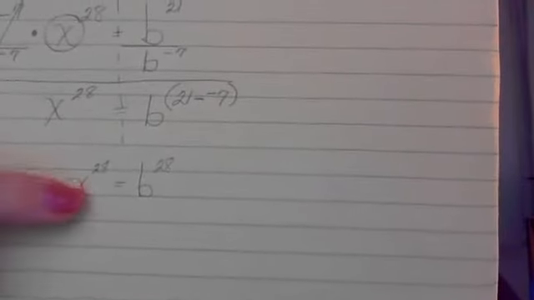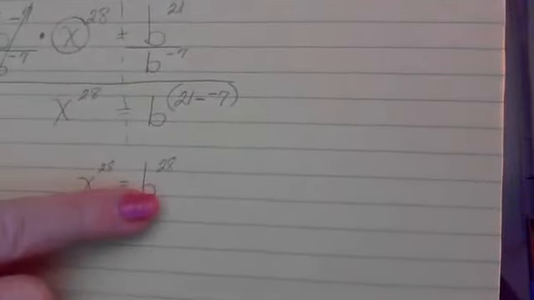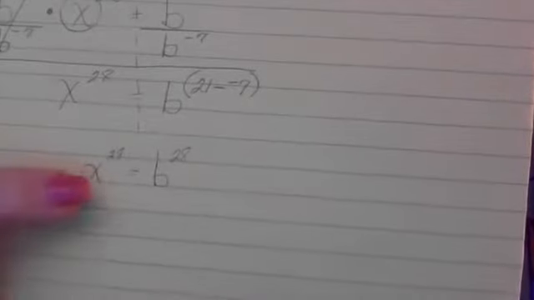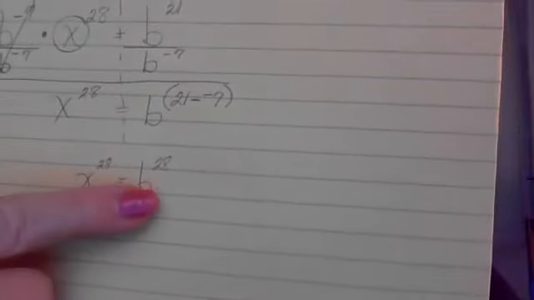So b to the 28th equals x to the 28th. Now we haven't done this part where you find the root of both sides, but I want you to just use common sense here. If I have a number to the 28th power equal to a number to the 28th power, it looks to me like the x and the b are exactly the same numbers.